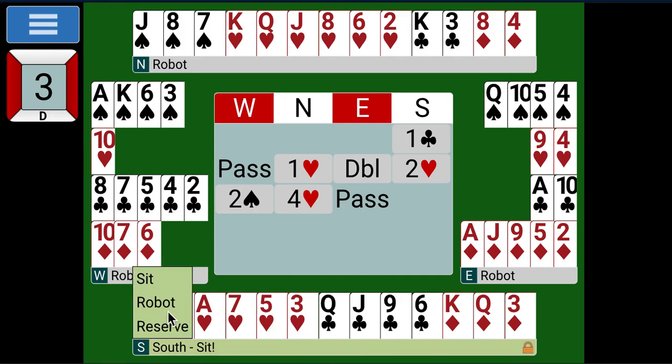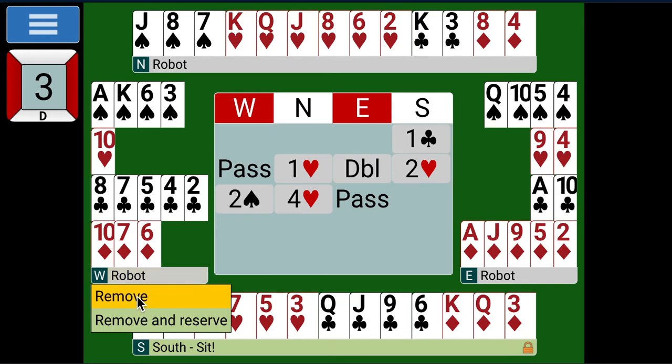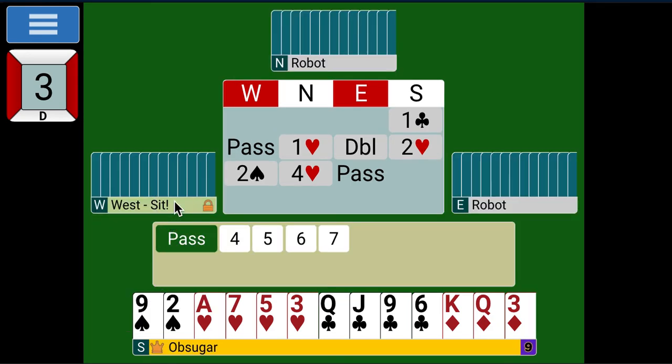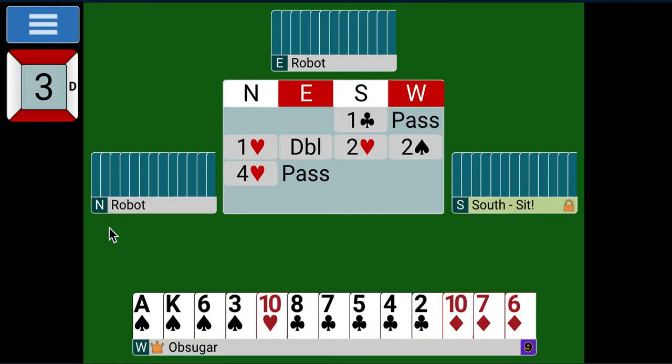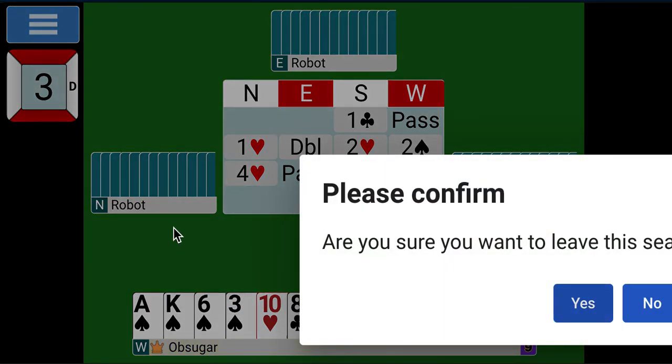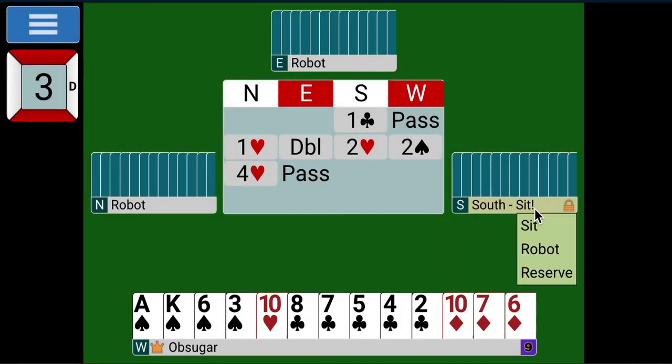I put the wrong thing there. So, come on. Boy, the computer is working so slow. Okay. So now we need a robot in South.